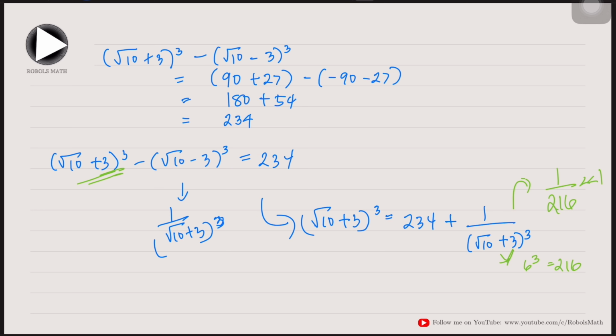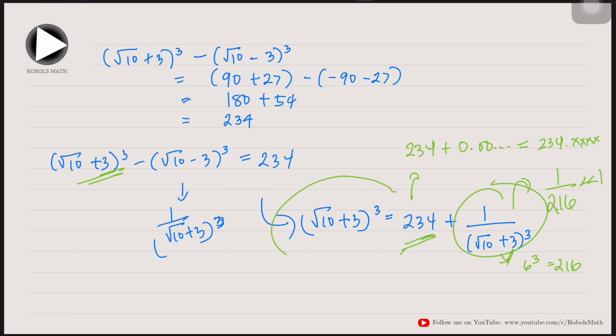So, when we add this value to 234, that's basically adding 234 and something like 0.00xxx, which means that this value here is 234.xxx, which means that the integer that is closer to 234.xxx is 234.